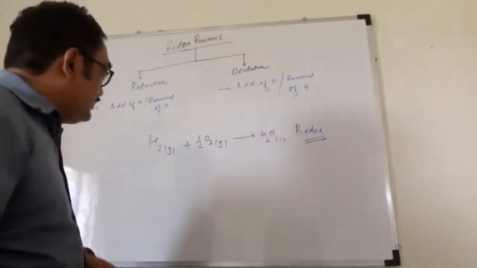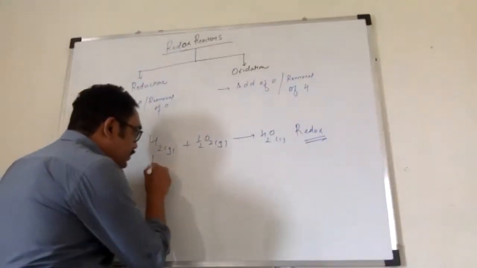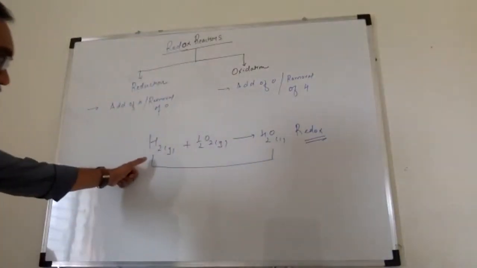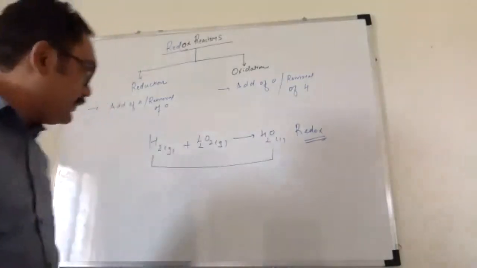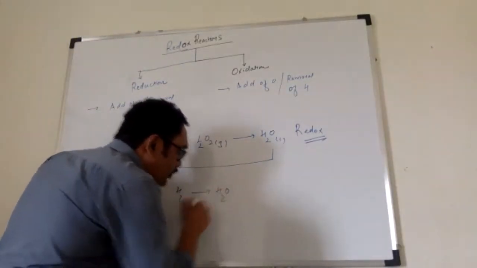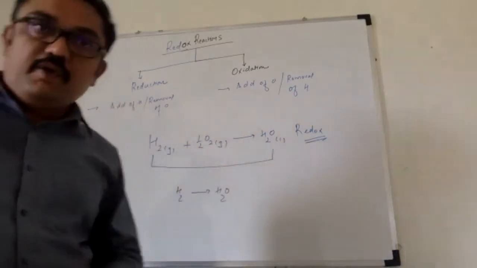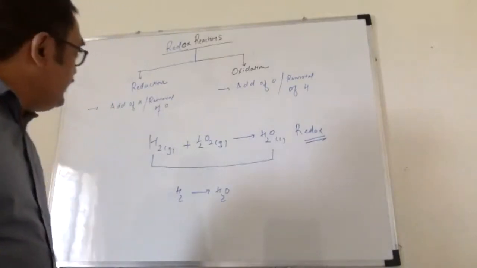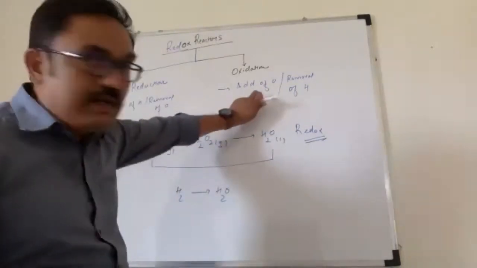See the change. The hydrogen goes to H2O. The hydrogen has changed to H2O. So can I understand it is the addition of oxygen? This is the addition of oxygen. And as per the definition, what is the addition of oxygen?